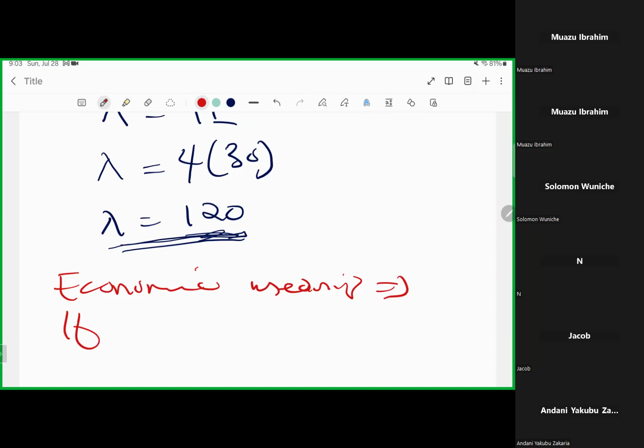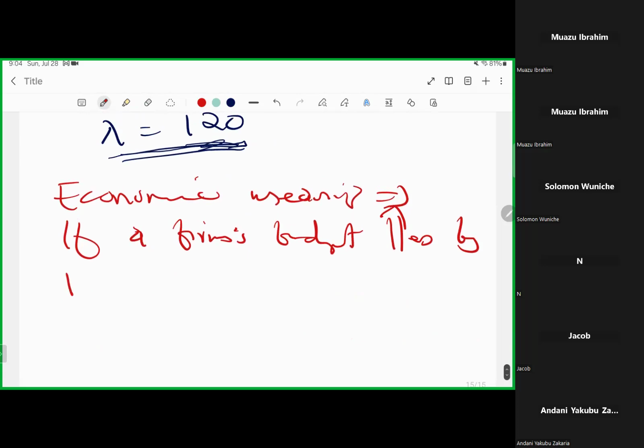If the budget constraint, let's say a firm's budget increases by 1 unit, production will also increase by the value of lambda.